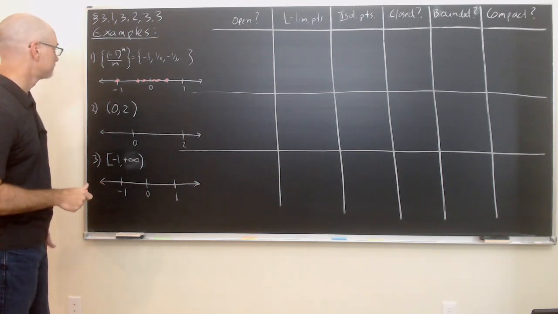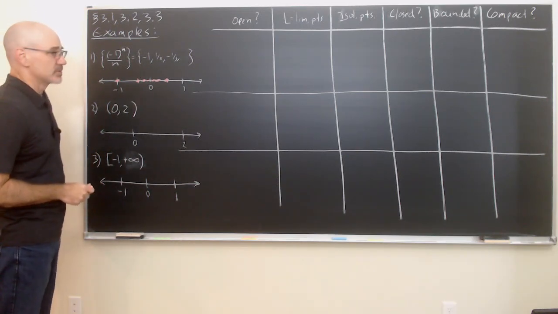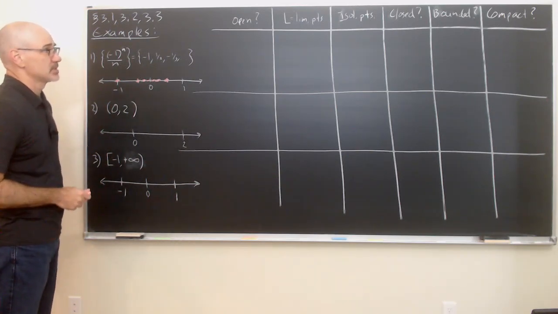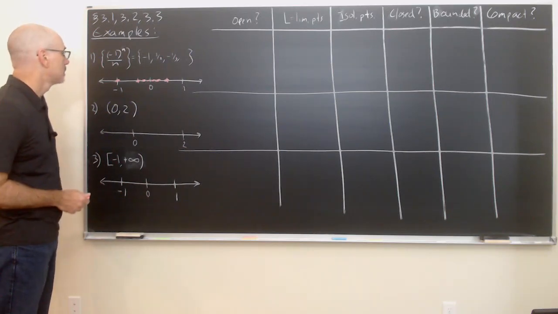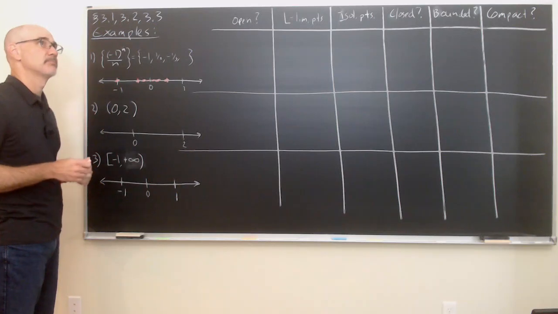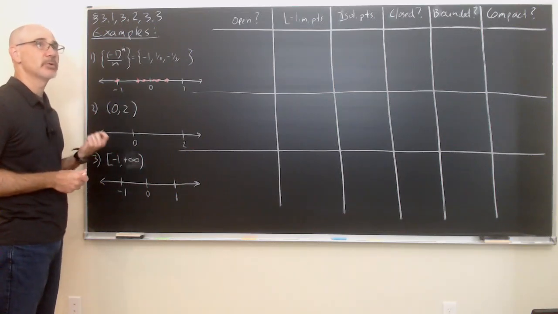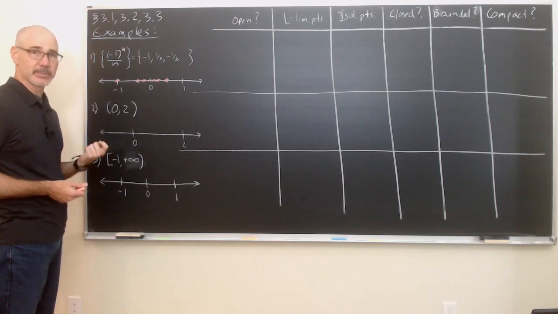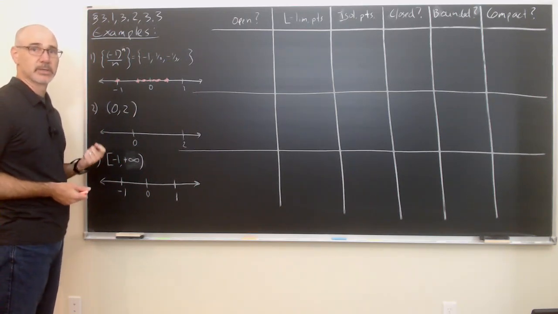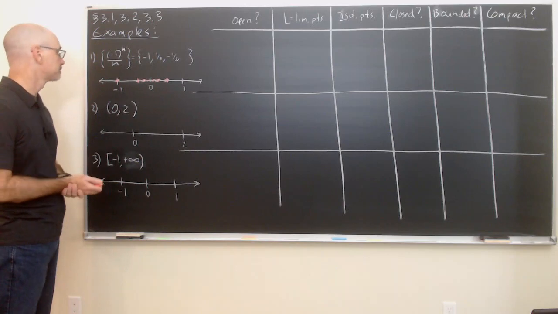And so you can see that we're getting closer and closer to 0, but bouncing between the two sides. All right, so the first question in the example is whether or not this set is open. Now, in order to be an open set, I have to be able to take any point in the set and fit some epsilon neighborhood around that point that's totally in the set.